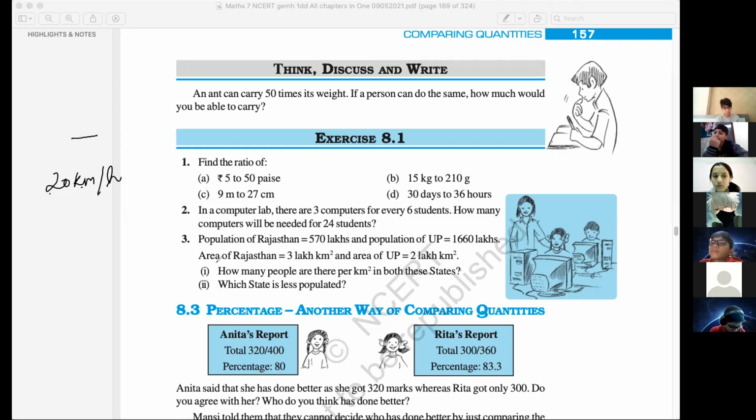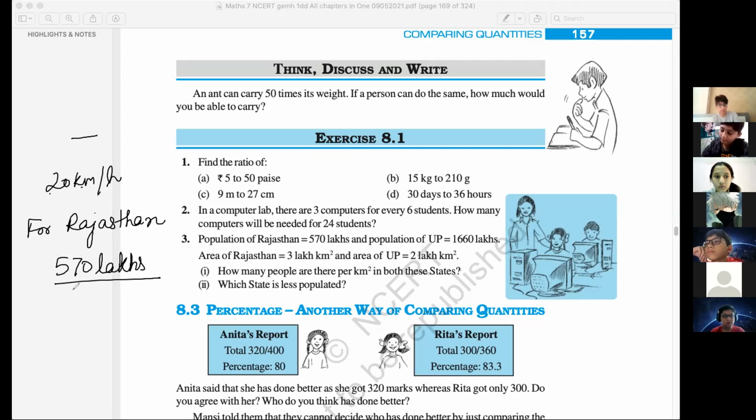So people per kilometer square for Rajasthan will be 570 lakhs divided by 3 lakh kilometer square. The lakh will cancel. How much are we getting?